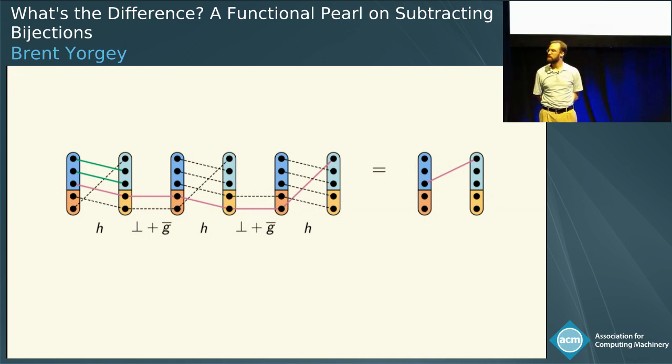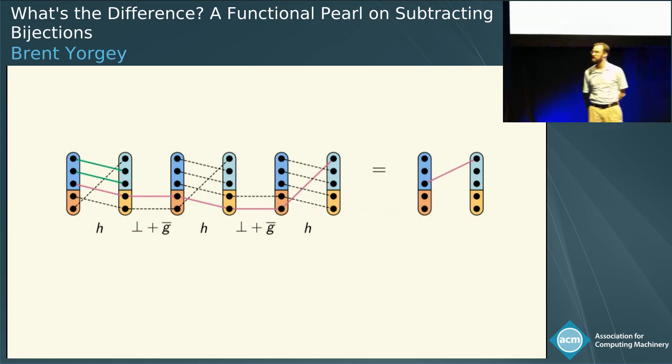I'm not sure. There are some really cool papers on doing division when you're dividing by a constant, not by an arbitrary bijection. I can't think of the name of it off the top of my head, but some very cool work on that.